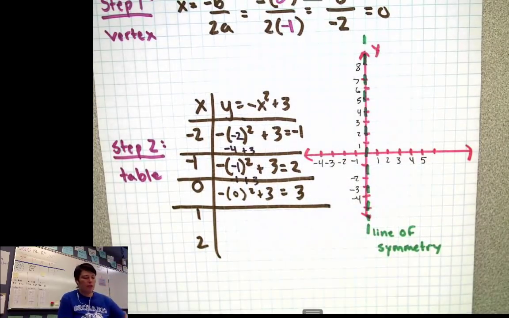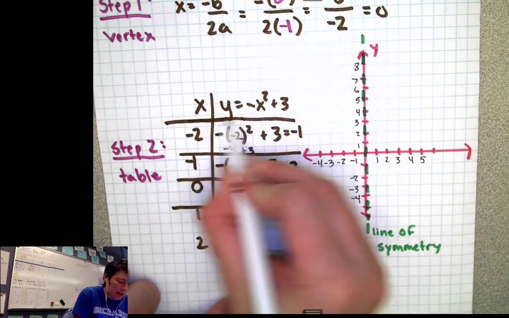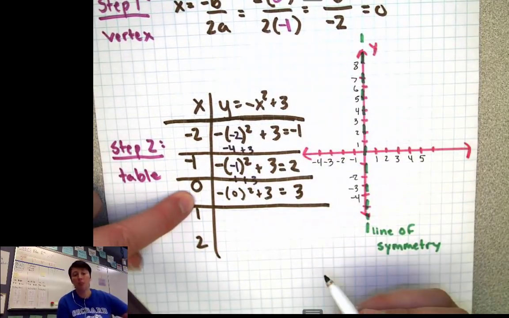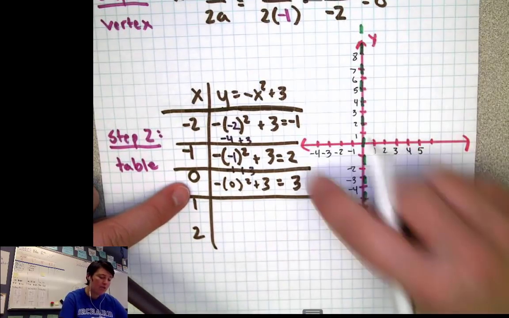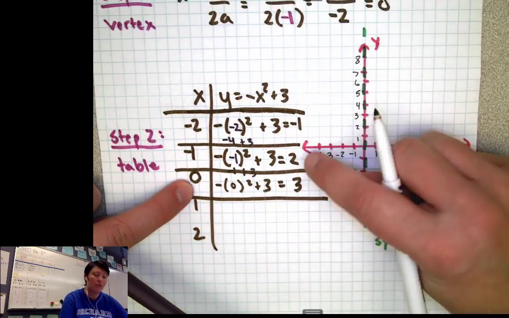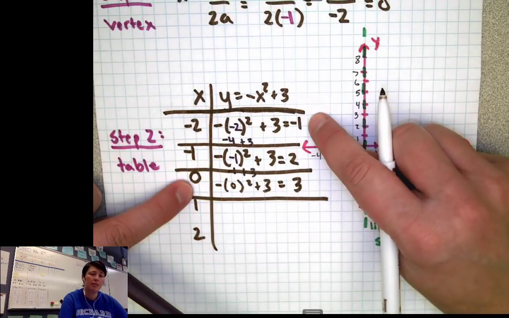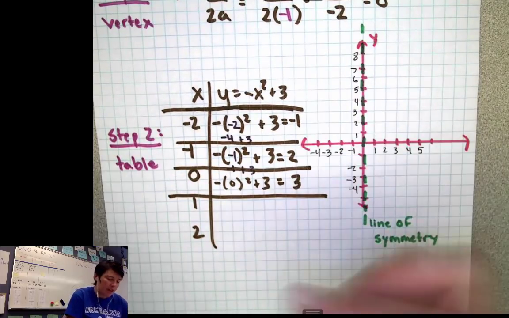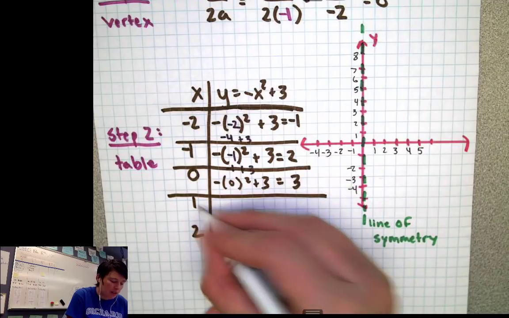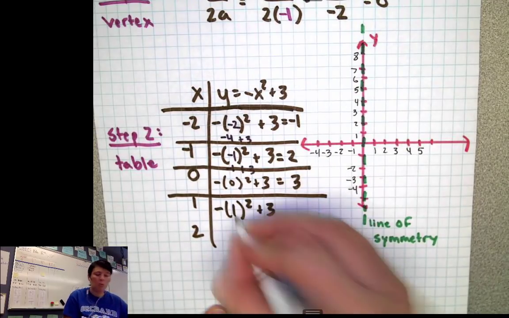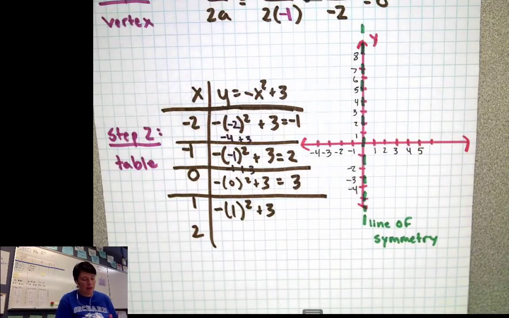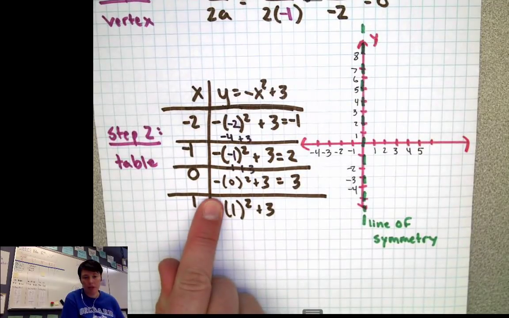Now, remember, as we were setting up our table, 0 is where our symmetry is, so I'm expecting some reflections here. I bet you the next number is going to be a 2, and then the next number is going to be a negative 1. But I'm going to verify that just to make sure my math is right. So for this one, negative blank squared plus 3, I'll be putting a 1 in there. Ignoring the negative, what's 1 squared? 1 times 1 is 1.